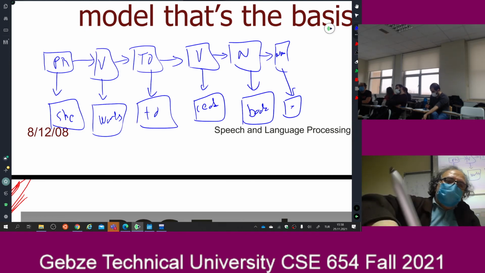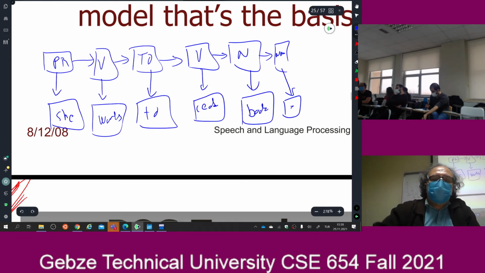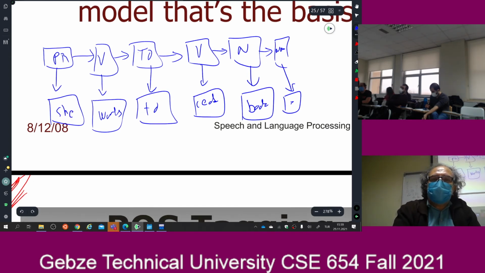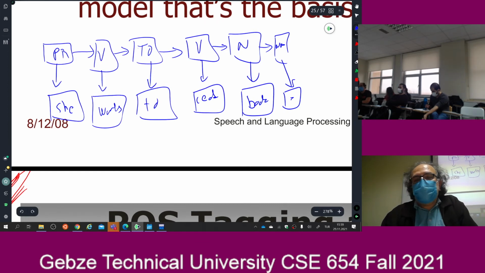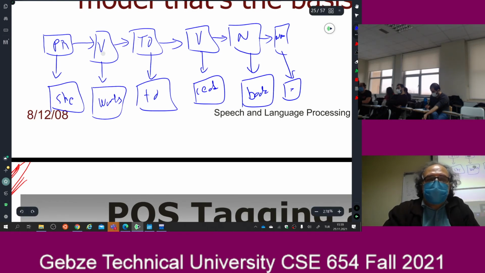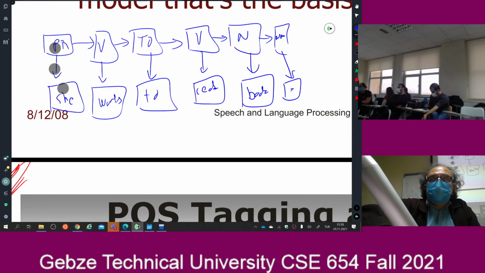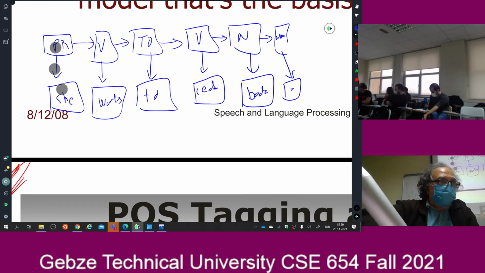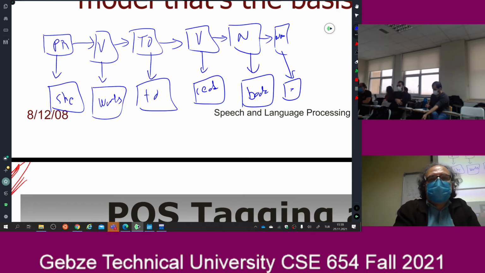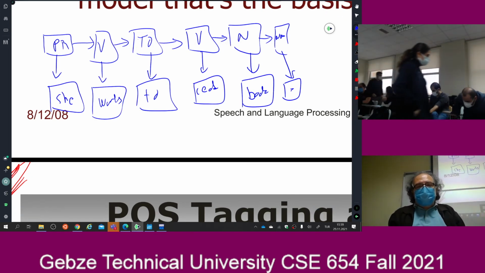And my observations are trying to make sense of: if I am observing this, what is the probability of having a pronoun? If I am observing this word, what is the probability of having a verb? These probabilities will come from the dictionary or from the statistics, from my previous experiences of the sentences.